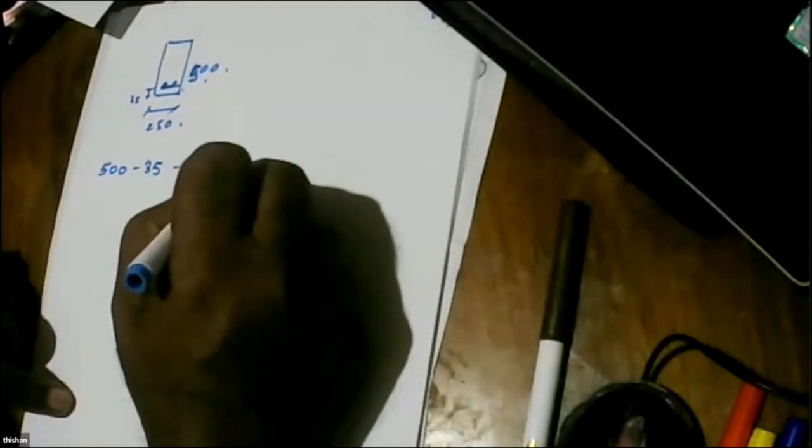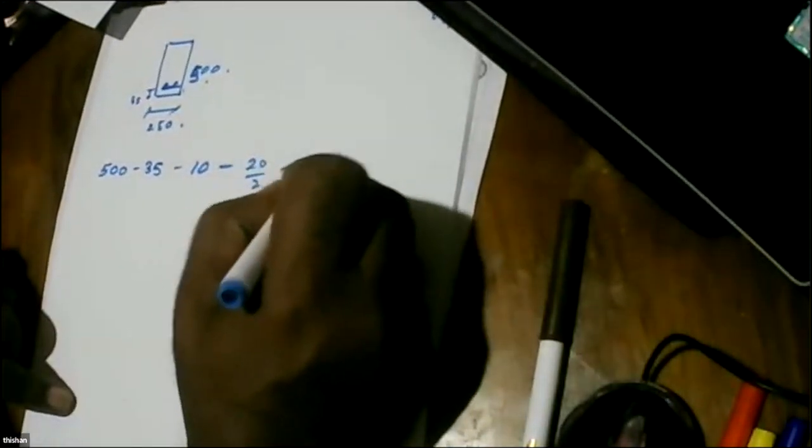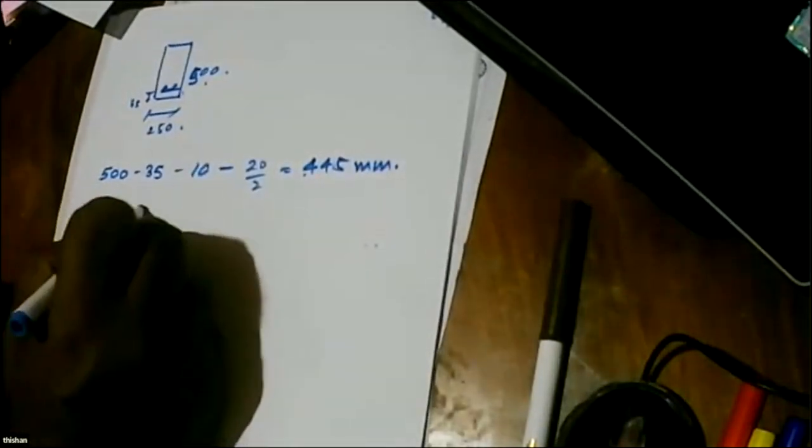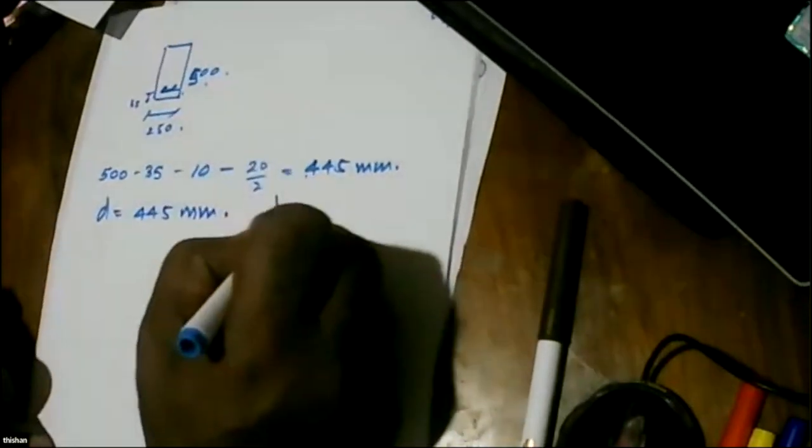So 500 minus 35 minus 10 millimeter links, and 20 millimeter bars, 20 divided by 2. What is the answer? Answer is 445 millimeters. That is d. Breadth b is 250.